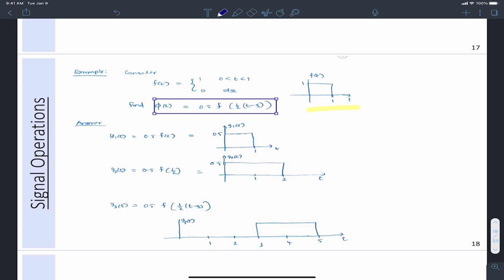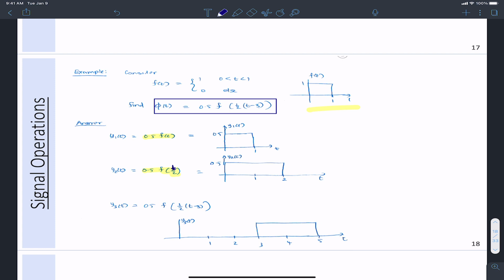So how do we find it? Then we operate one by one. First we find 0.5 f(t). 0.5 f(t) just means 1 becomes 0.5. And then what is 0.5 f(t/2)? That is the time scaling property, so it's t by 2. Time scaling, the x-axis just expands.